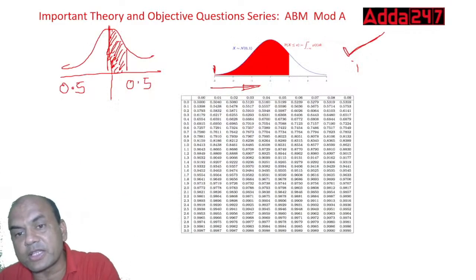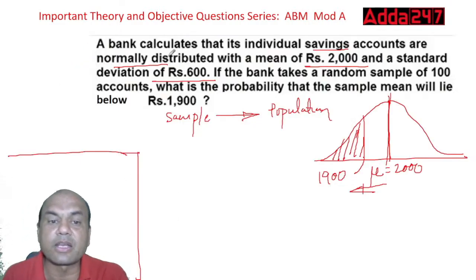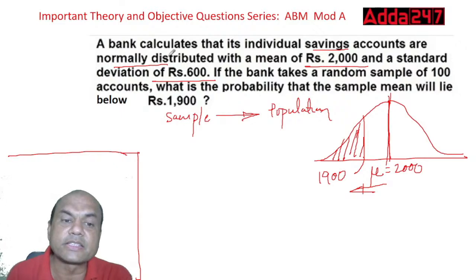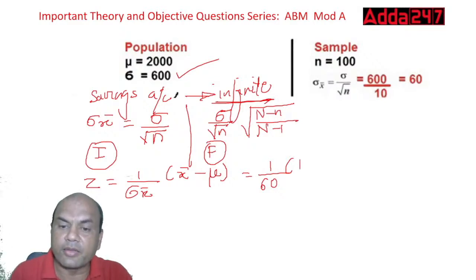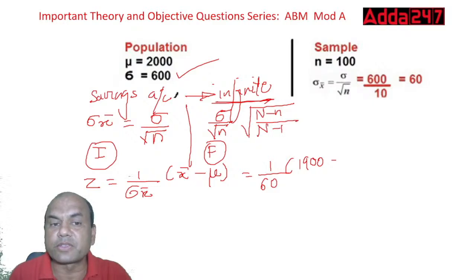X bar means what is asked. Here, what is asked? 1900. This is x bar. So it will be 1900 minus mu. Mu is given, just now we saw it, 2000. So minus 2000. So do it now. 1900 minus 2000.